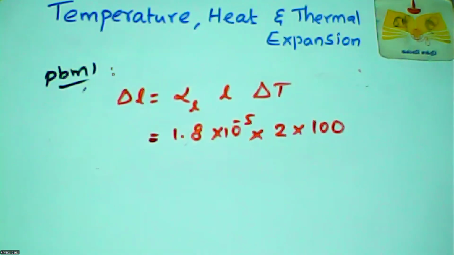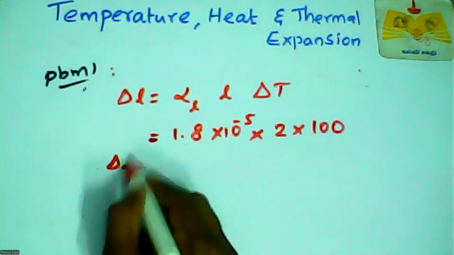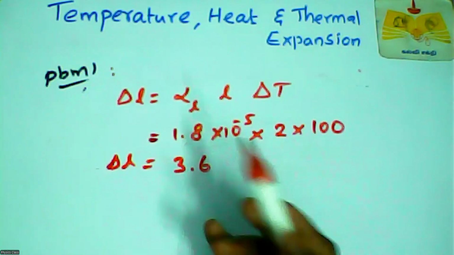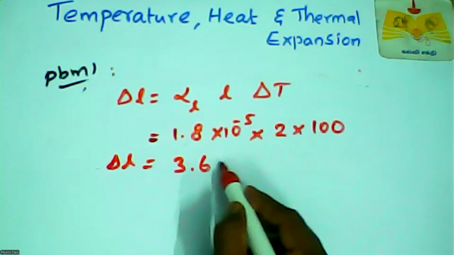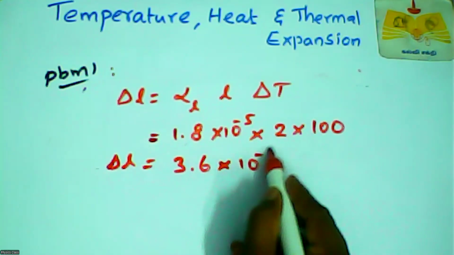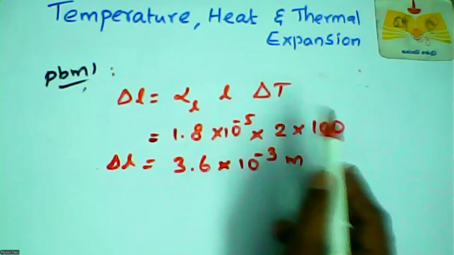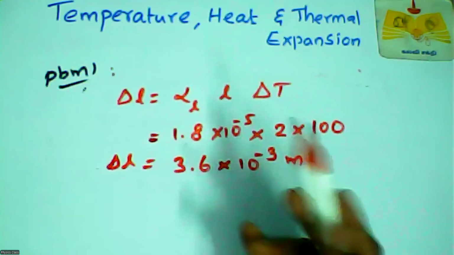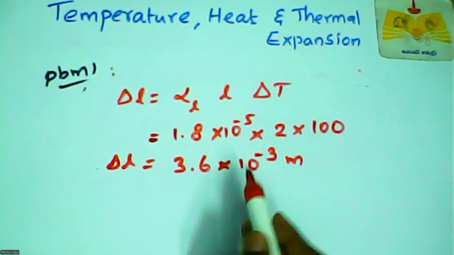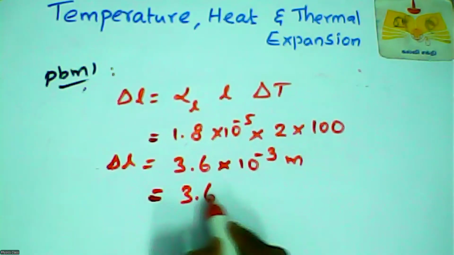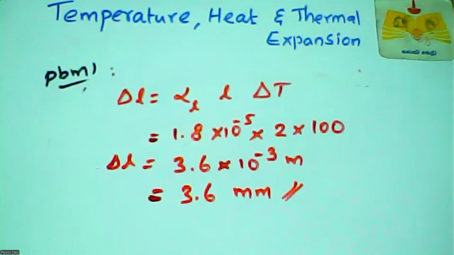You can multiply, which gives del L 3.6, because 1.8 into 2 gives 3.6, and 10 power minus 3 meter, because 10 power minus 5 and 10 power 2 gives 10 power minus 3. 10 power minus 3 means millimeter. So 3.6 millimeter. Clear?